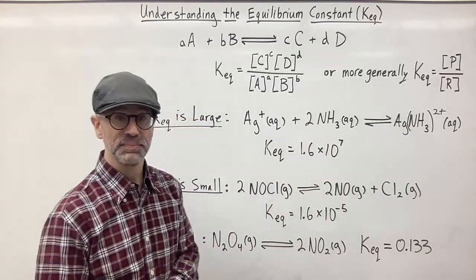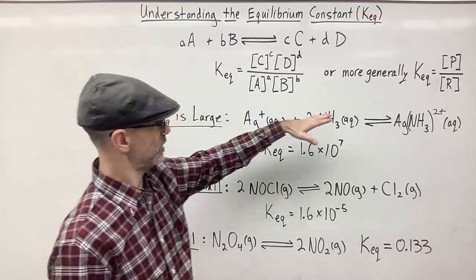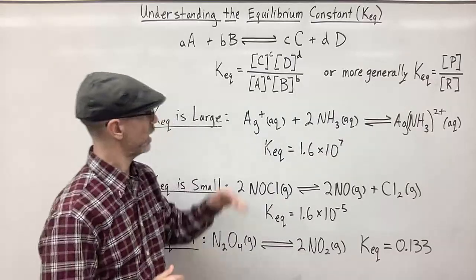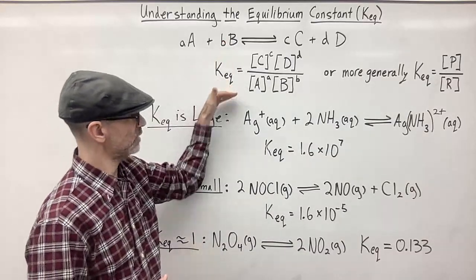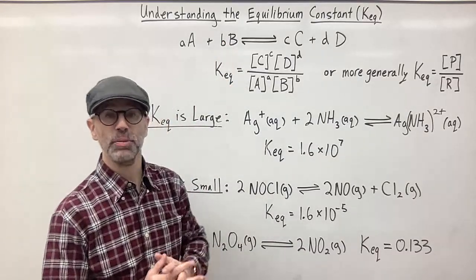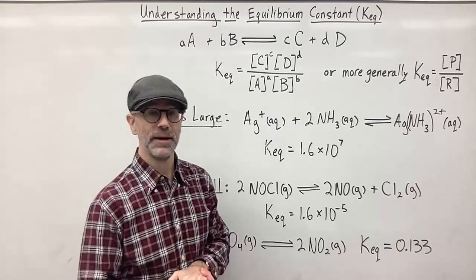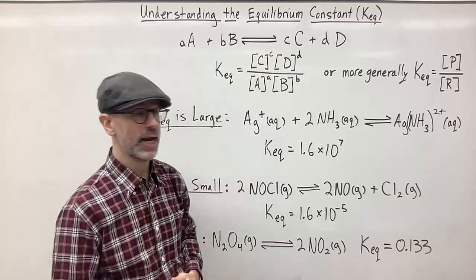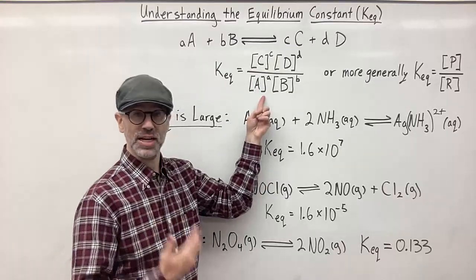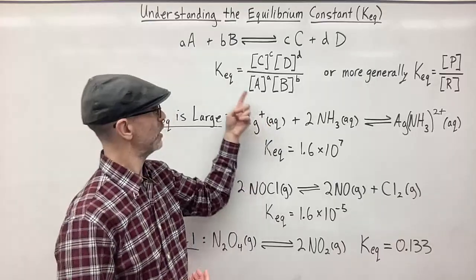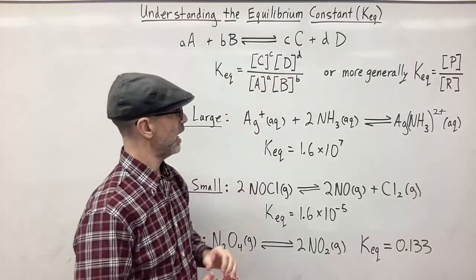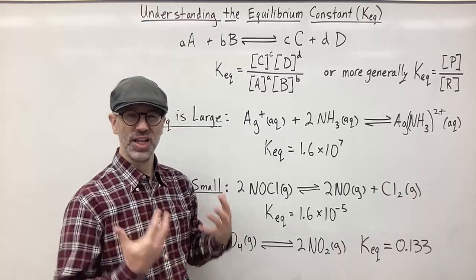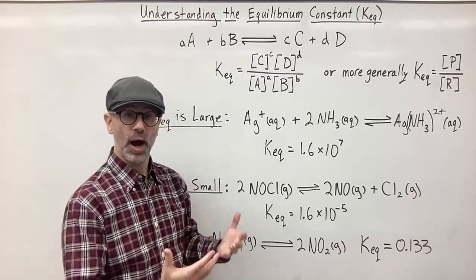What does that mean? Well, if we understand that KEQ is concentration of products over reactants, then for KEQ to be very large means that the numerator here is much, much greater than the denominator. So the denominator is small and the numerator is large. And so that means that this reaction favors or likes to form products, right?